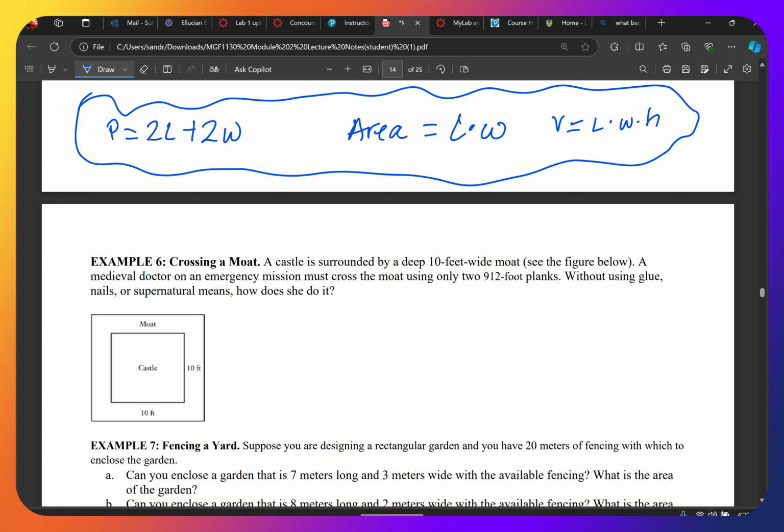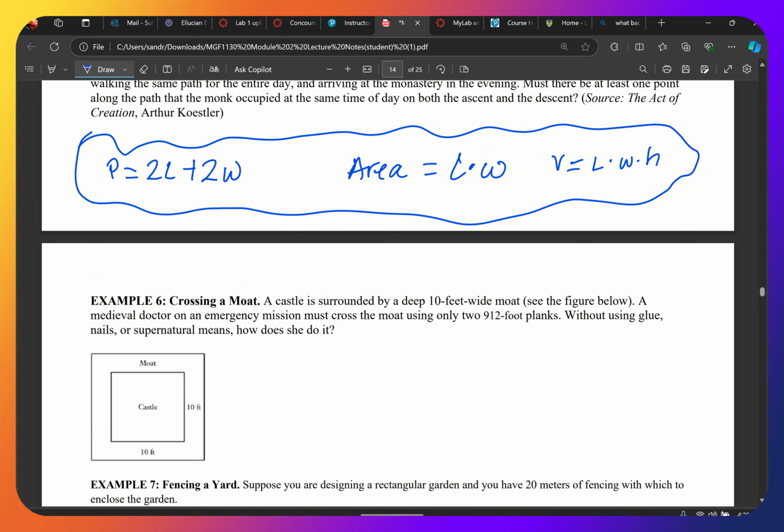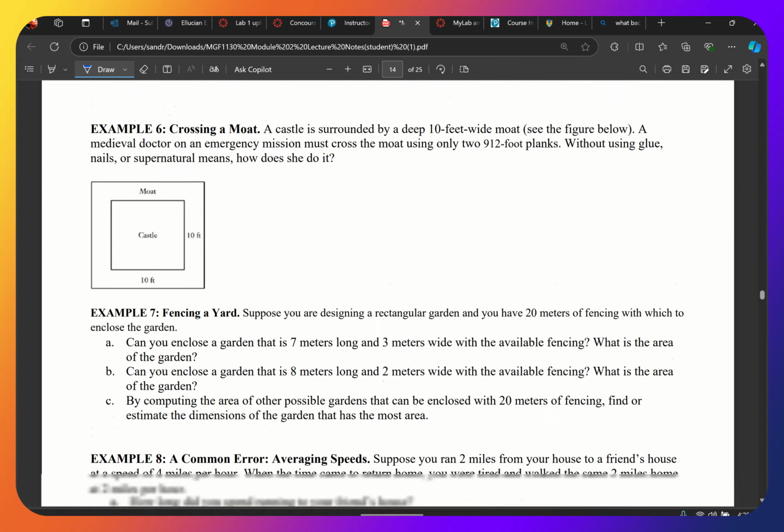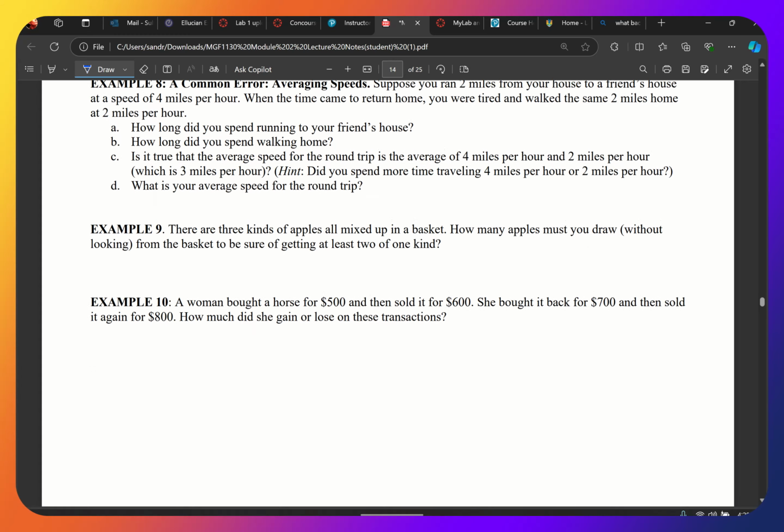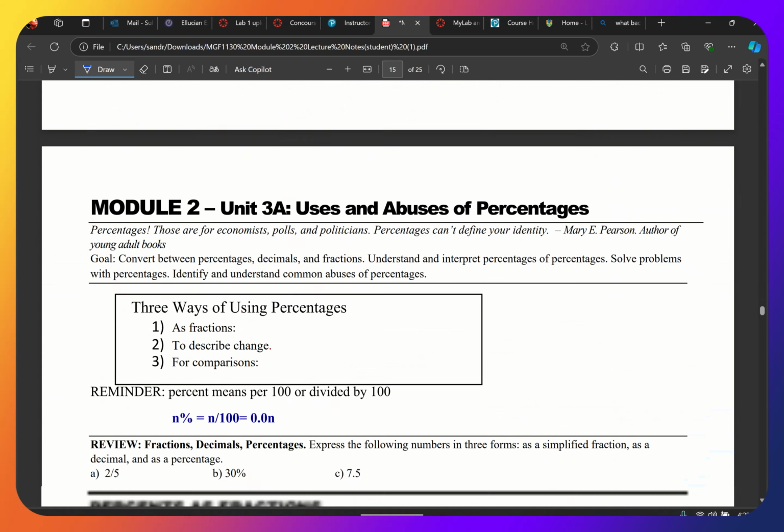They'll give you the conversions, no problem. But these are the 3 that are not on the test. So you don't have to memorize the crazy conversions, but these 3 you need to know. Fencing a yard, common error.